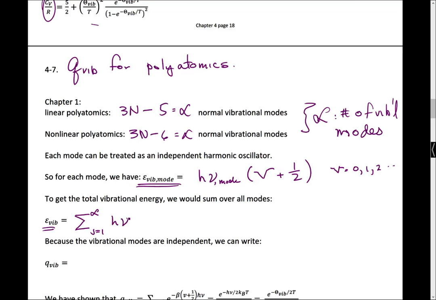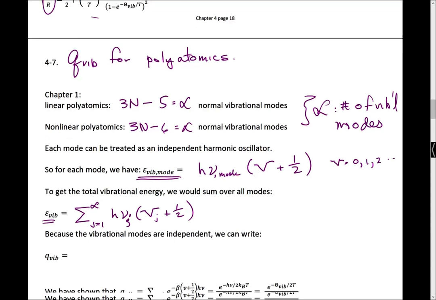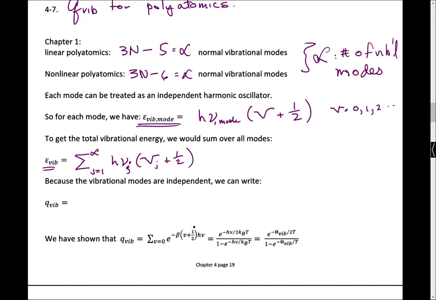It'll be H nu J, referring to each individual mode, and then whatever vibrational state I'm in, plus 1/2, right? So if I have a molecule that has 3 vibrational modes, I will have an energy associated with each of those, right? And I have 3 different harmonic oscillators with 3 different fundamental frequencies.